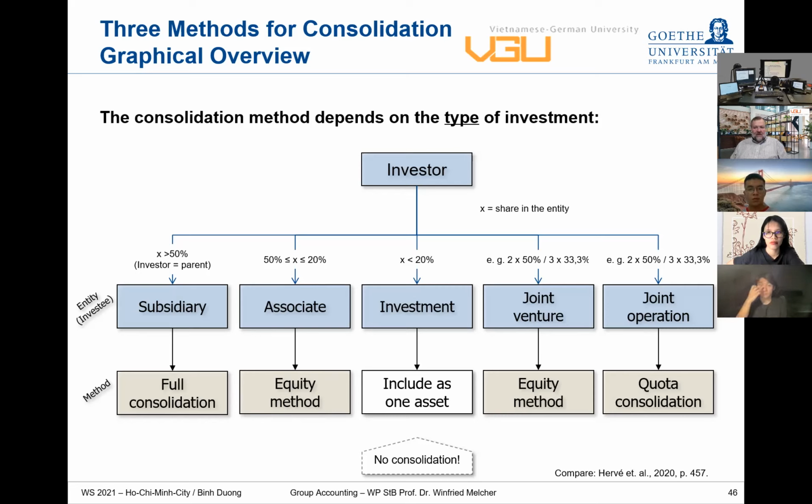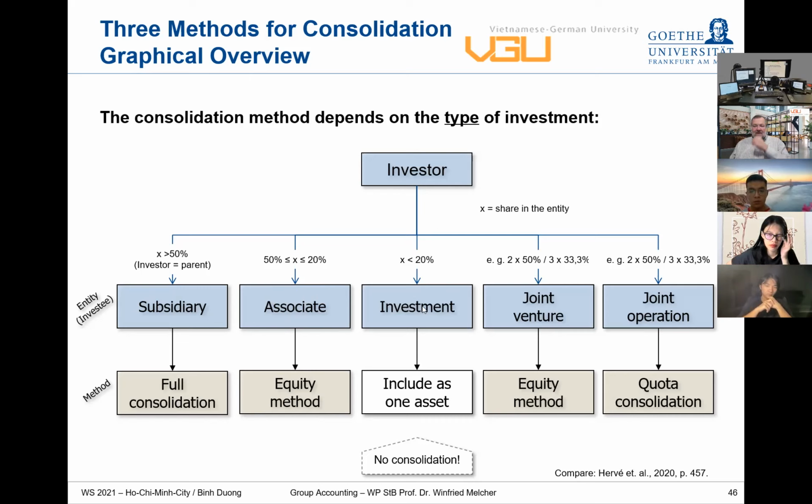We will only show that investment in one line. But what we do is we will account for the goodwill that is allocated to the associate, because also when you buy an associate, there might be a price that is more than what you get in terms of net assets. Okay, so that's the equity method.